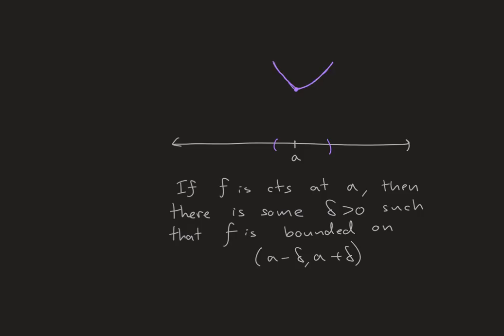I can always scoot away from A by a little bit if I know my function is continuous at A, and that won't cause my function to go so erratic that it's not bounded around A. There is some small distance that I can scoot away from A for which my function is bounded over that small distance. Okay, that was proven in the last video. It's not too hard to prove, but we will need that.